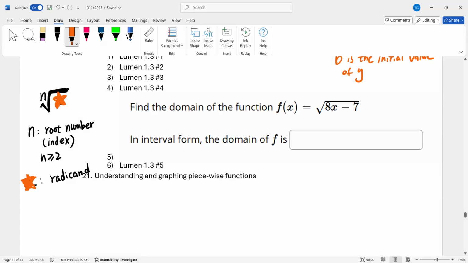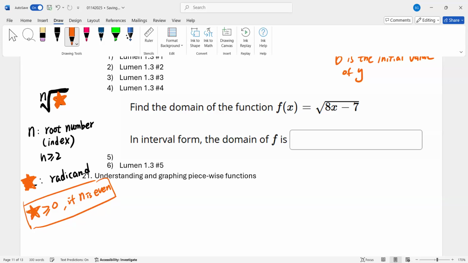How do we find the domain for a radical function? I like to elaborate a lot, so this is very important. The radicand has to be bigger than or equal to 0 if n is even. This is something you need to include in your notes.